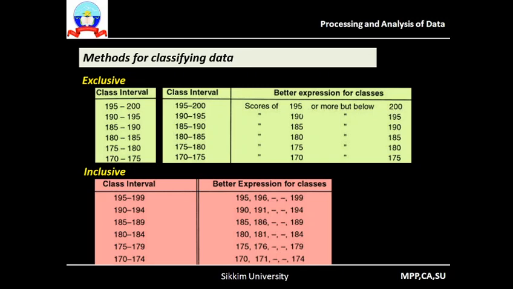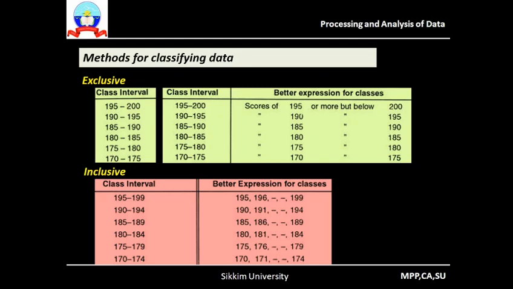So we have the class interval 195 to 200. Here in case of the exclusive method, scores of 195 or more but below 200 will be considered as a data point in this class interval. Again, I'll repeat it. All the data points or scores of 195 or more but less than 200 will be considered in case of exclusive.